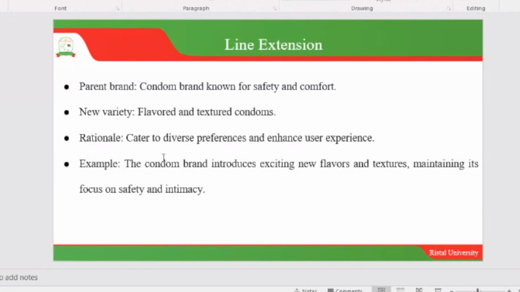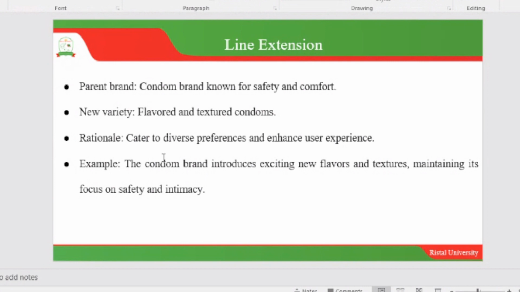For example, a condom that is known for safety and comfort, then the new variety can have one that is flavored, one that is textured, like that, and so forth. So virtually you are just modifying what you already had. So it caters for the differences in customer preferences.